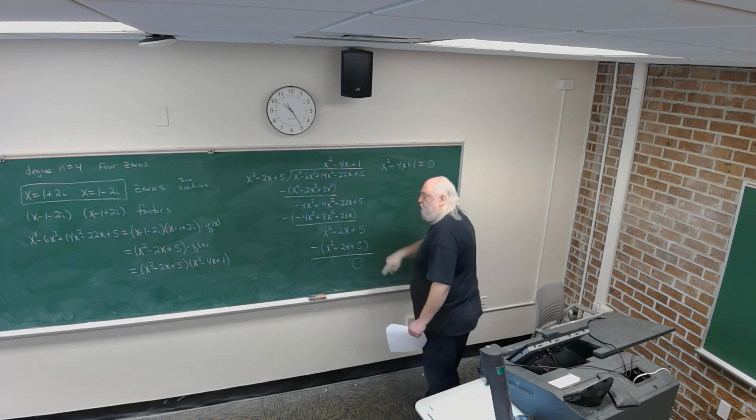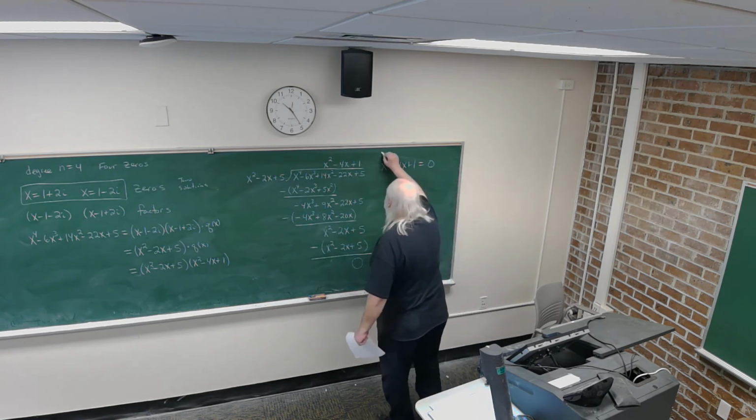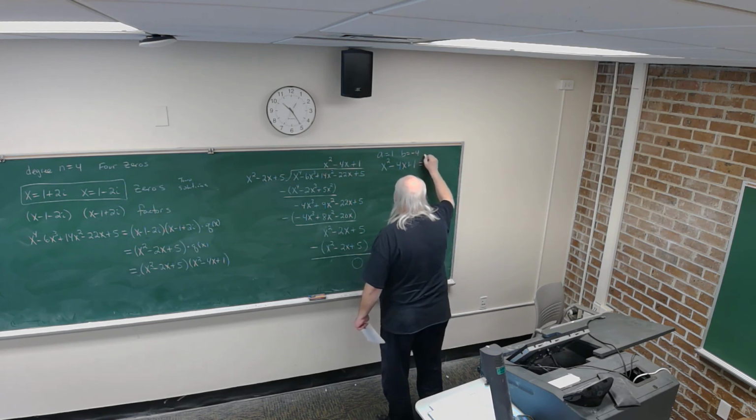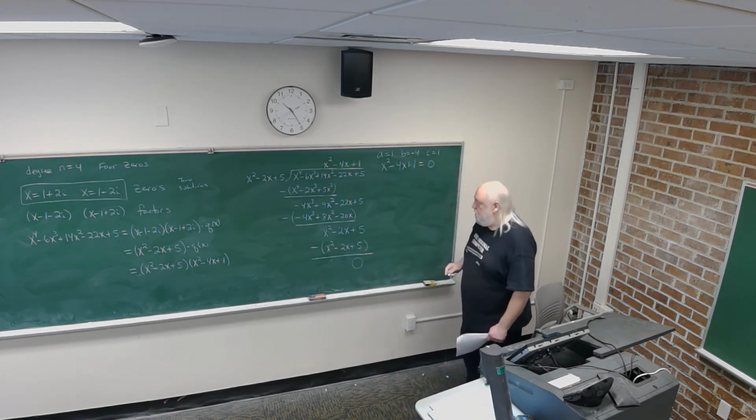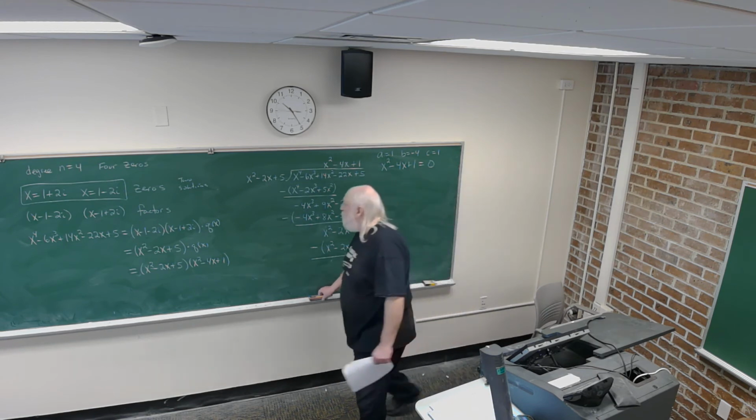We set that second factor, that second quadratic, equal to 0 and solve for x. So a is equal to 1, b is equal to minus 4, and c is equal to plus 1. Is anybody still copying down the long division?